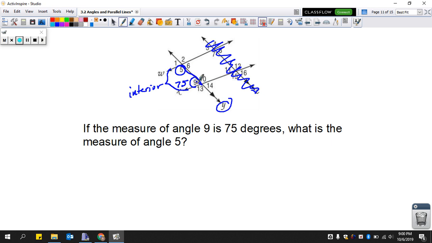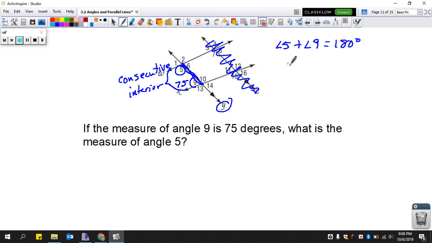And they're both on the same side of the transversal, so they're consecutive interior angles, which we said add up to 180 degrees. So we can say angle 5 plus angle 9 is equal to 180 degrees.